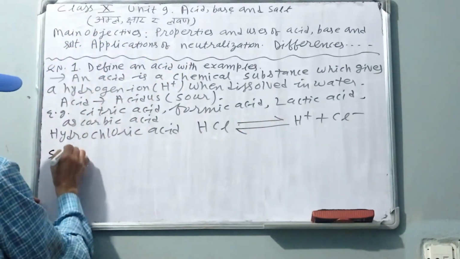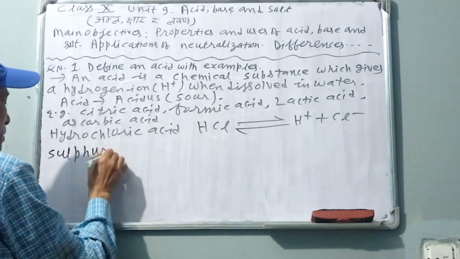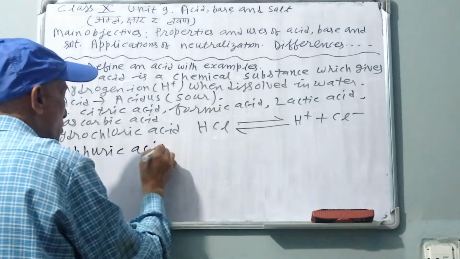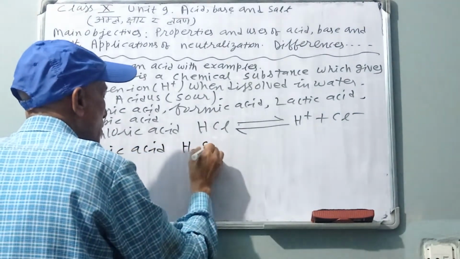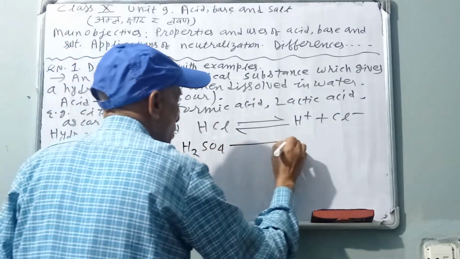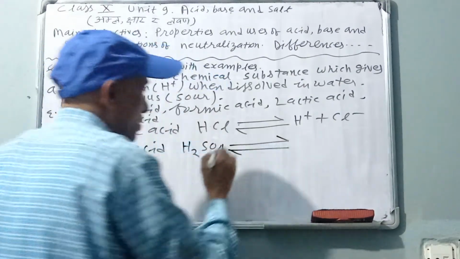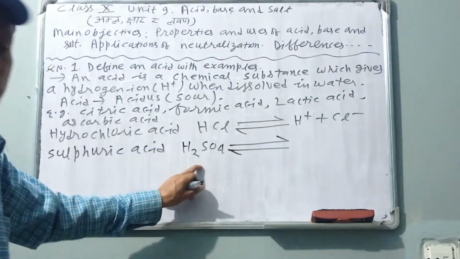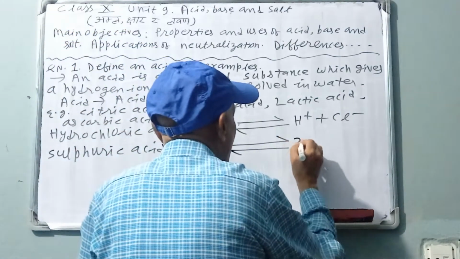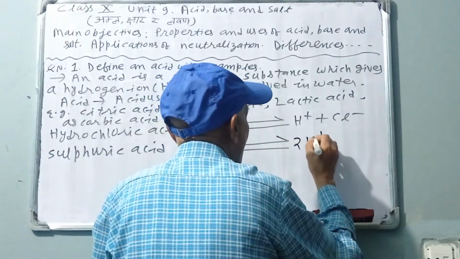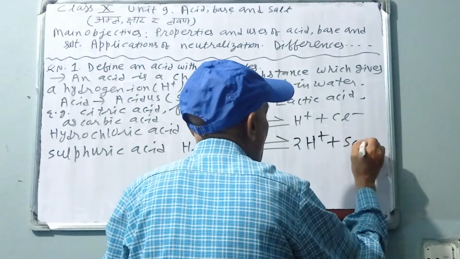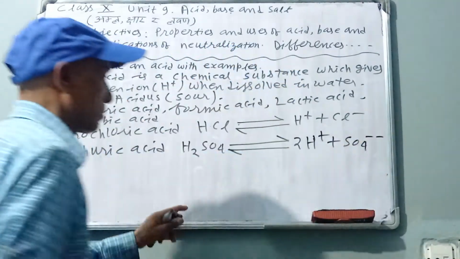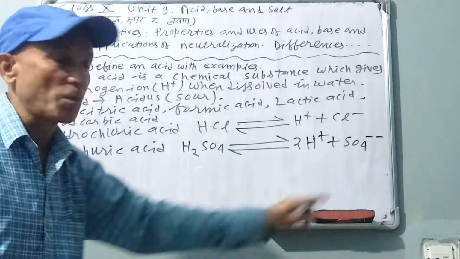Another, sulfuric acid, formula H2SO4. H2SO4 is sulfuric acid. And how does it ionize? 2H plus and SO4 minus: hydrogen ion and sulfate ion.